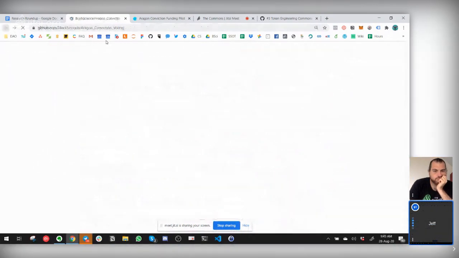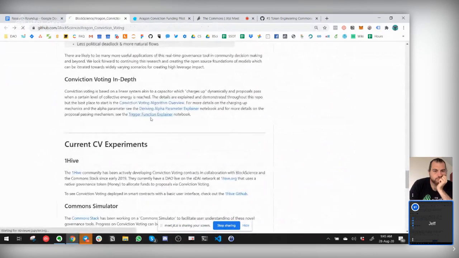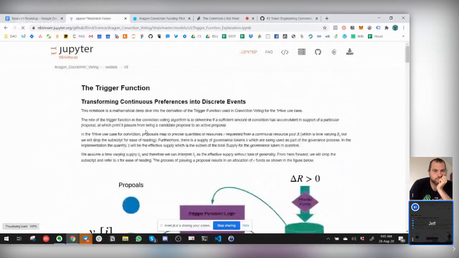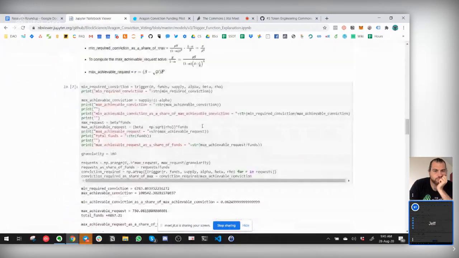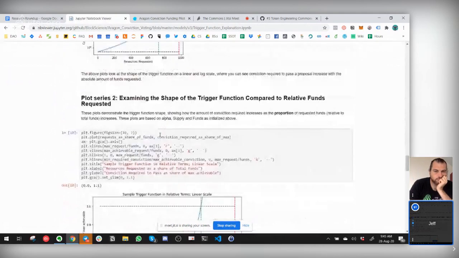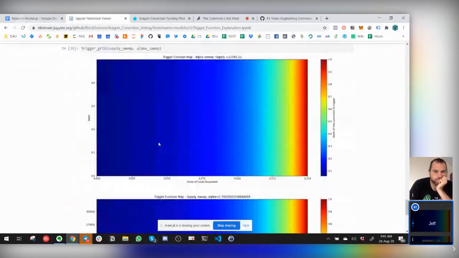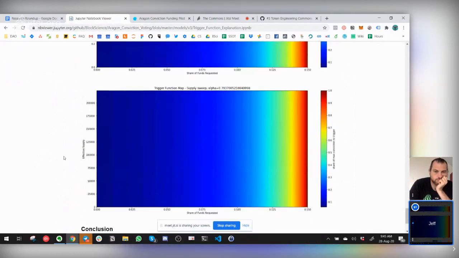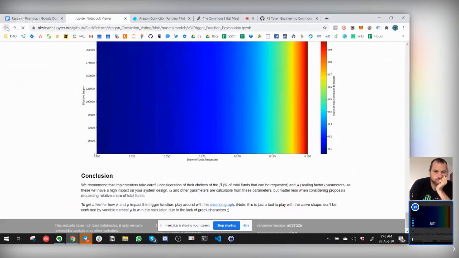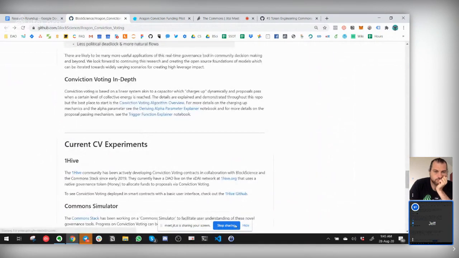There's a ton of information in this notebook, and you can come check it out, read more about the parameters, read more about the trigger function, see how these things are derived, and some of the sample plots and experiments that were run to make sure that, when we set these systems up, they're not going to have non-intuitive failure modes that we're not expecting. Definitely a lot to check out in this notebook. We're really excited to share that and get some feedback from the community when people start digging in.